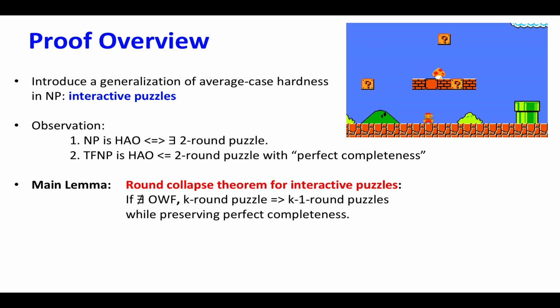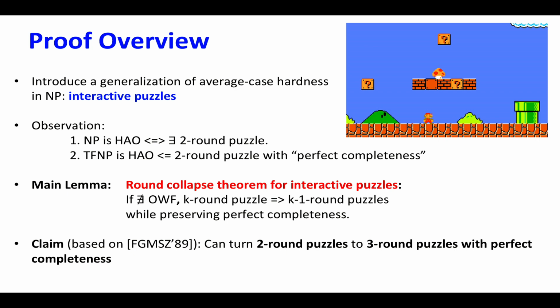Now you might be wondering, where is all of this going? It seems like we're doing something completely unrelated to what we wanted to do. Well, it turns out that actually, from the literature on interactive proofs, interactive proofs are very related to these interactive puzzles, as the name suggests. There are some results that can be ported to our setting. And they can be interpreted as saying that if you give me a 2-round puzzle, I can construct a 3-round puzzle that has perfect completeness.